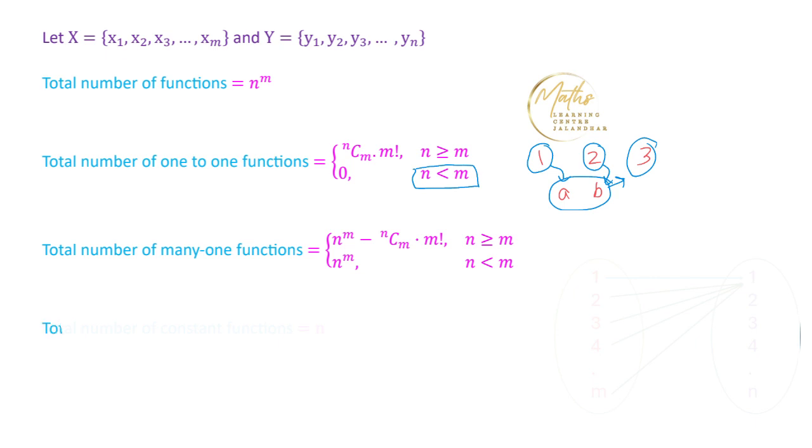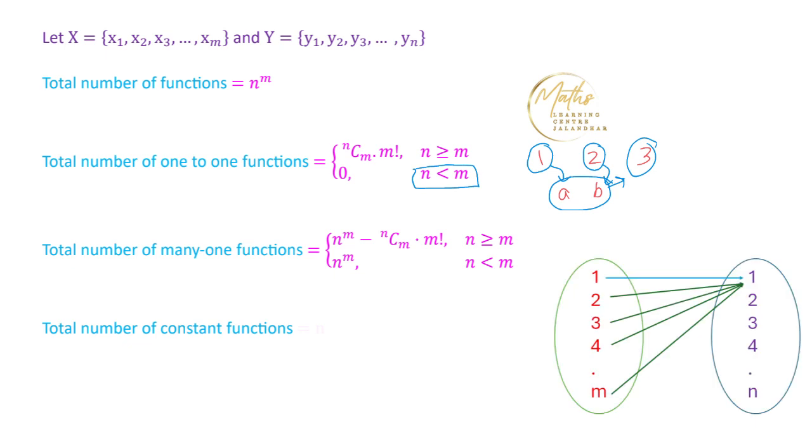Now next we are going to count the total number of constant functions. We have two sets x and y, and a constant function means that all the elements of the set x have the same image in y. This means that if element 1 is mapped to 1, then all other elements are also mapped to 1. If this element is mapped to 3, then all other elements are mapped to 3.